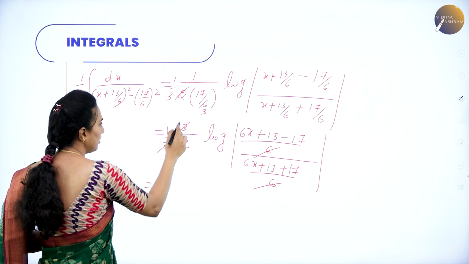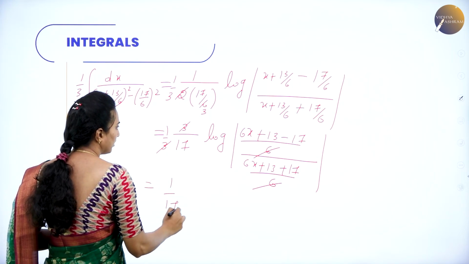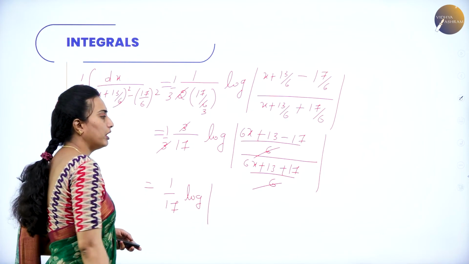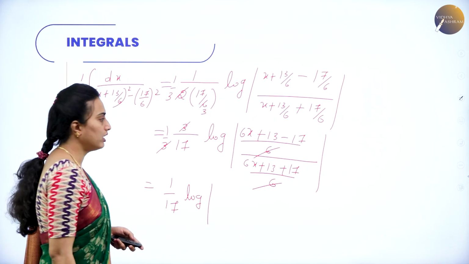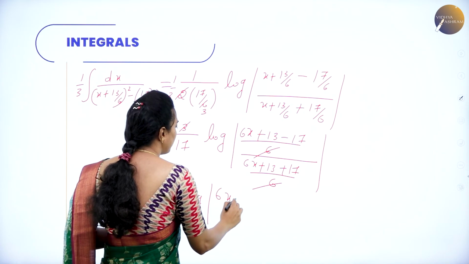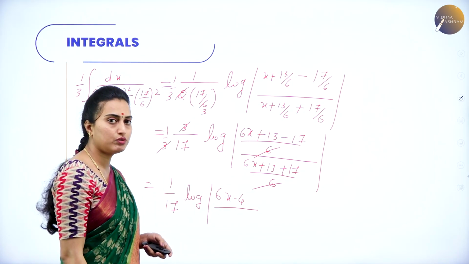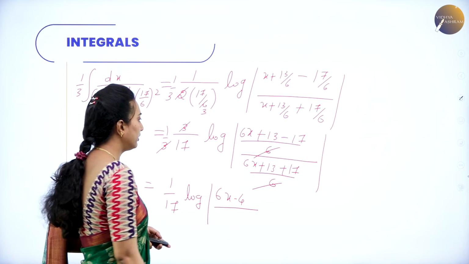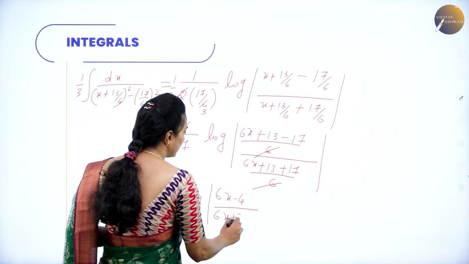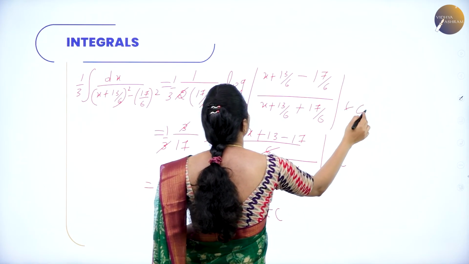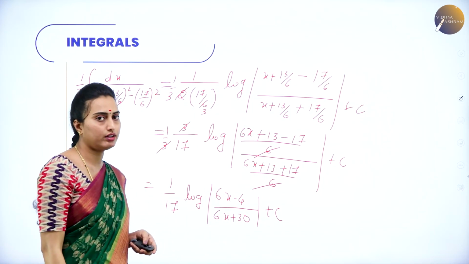Remaining is 1 by 17 into log of modulus of, 13 minus 17 gives you minus 4, so 6x minus 4, divided by 13 plus 17 gives you 30, isn't it? So 6x plus 30, plus c. So don't forget to write plus c, dear students. It is very important in the formula.